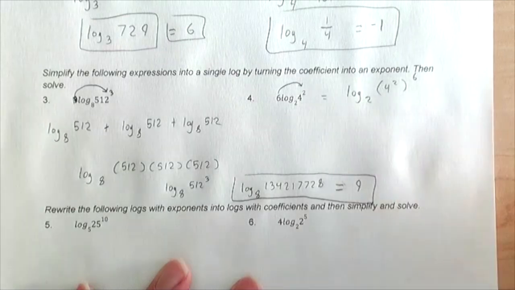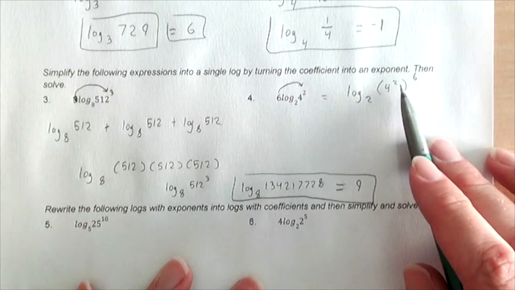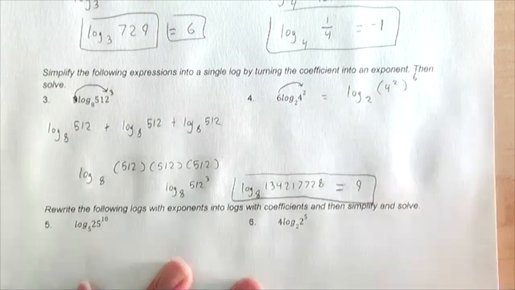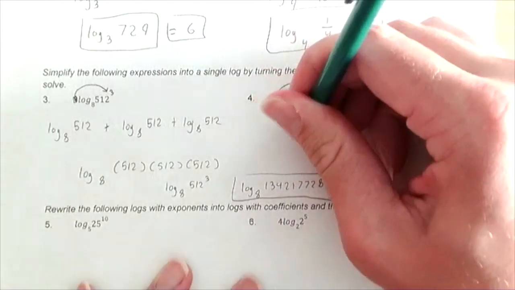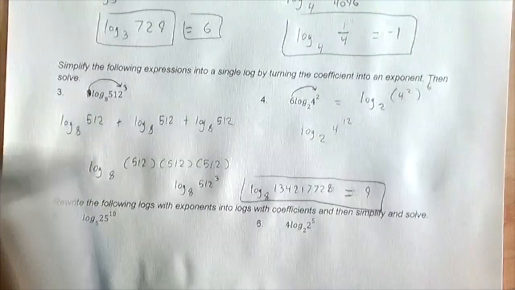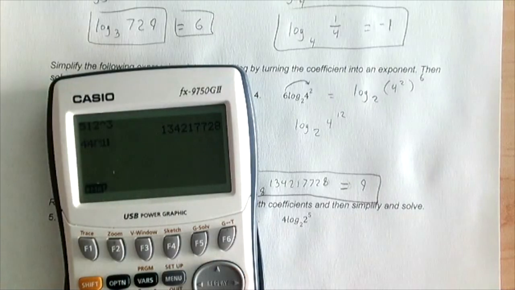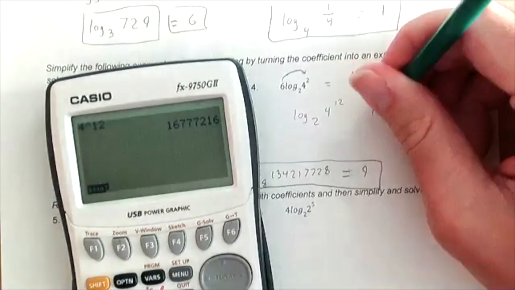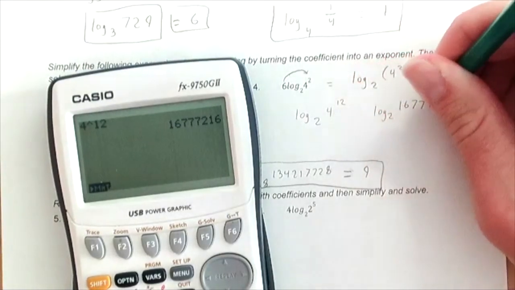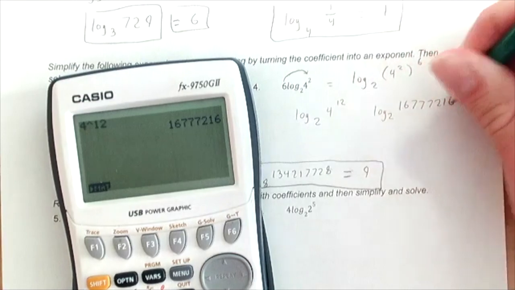And then we're now using the exponent rules where an exponent of an exponent is multiplied together. So this is going to become log base 2 of 4 to the 12th. And now we can solve that before we go for the final answer. And I think this is also going to be a massive number. But it's log base 2 of 16 million.